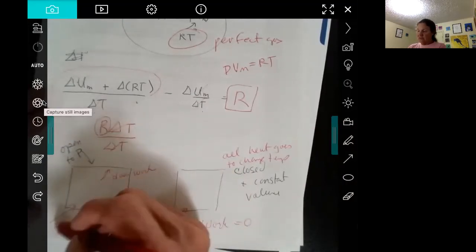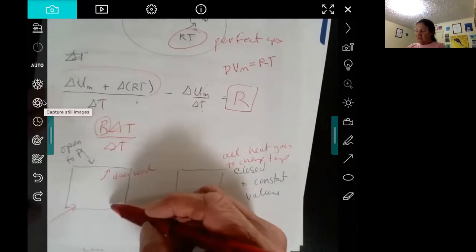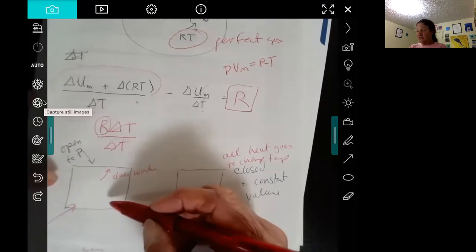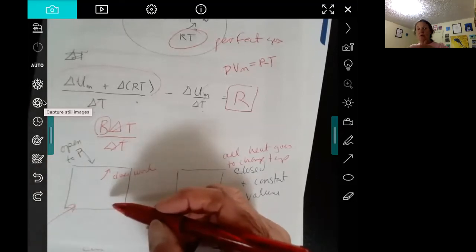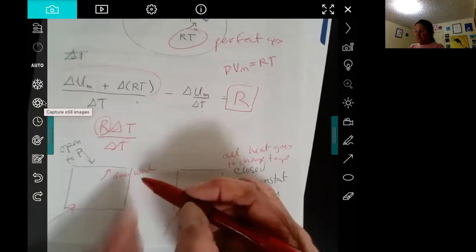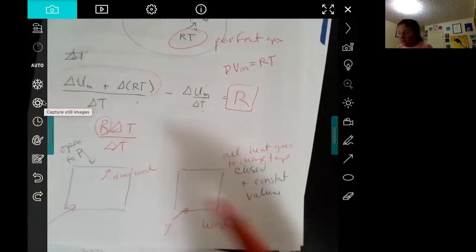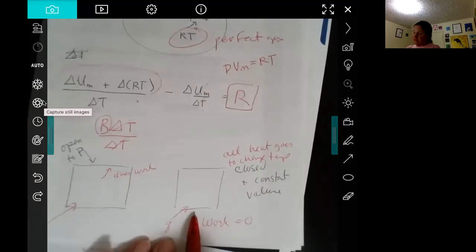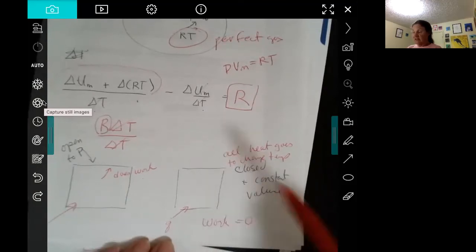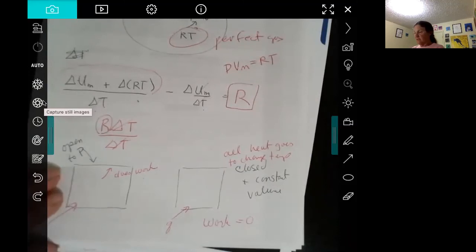And so now as you're putting heat in, some of that heat is going to do work, and so not all of it is going to change the temperature. So you're going to need more heat put in because you're subtracting off how much is doing work, and Cp,m is always going to be bigger than Cv,m because for Cv,m, all the Q that's put in goes to heating up or changing the temperature of your system because you're not allowing any work to take place.